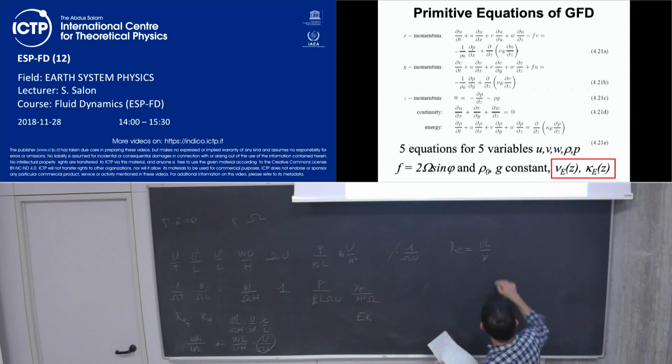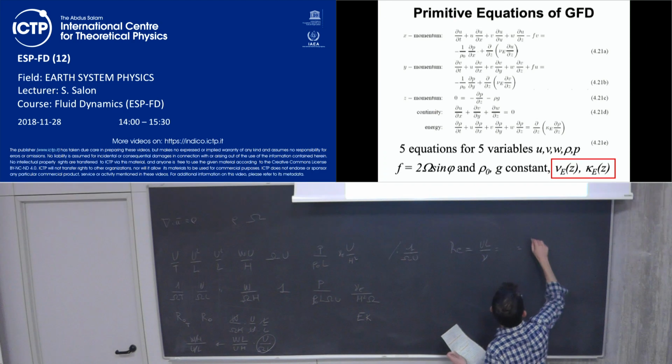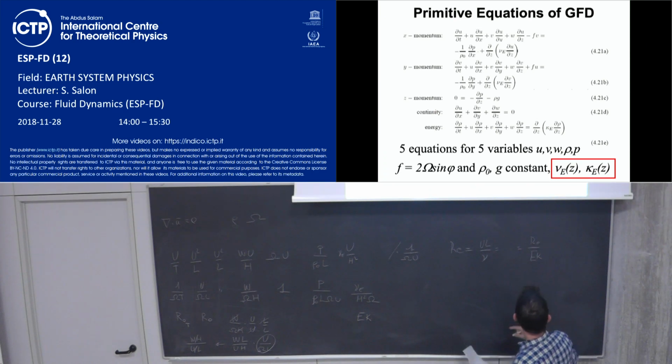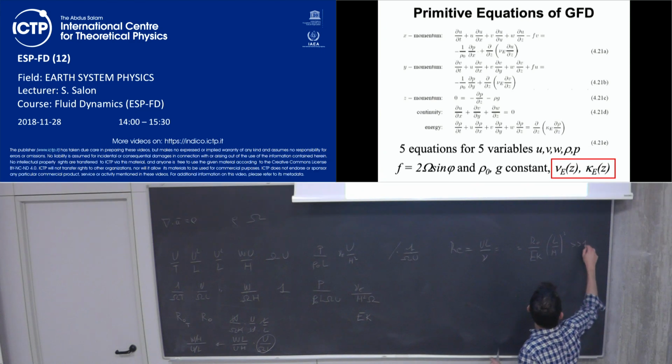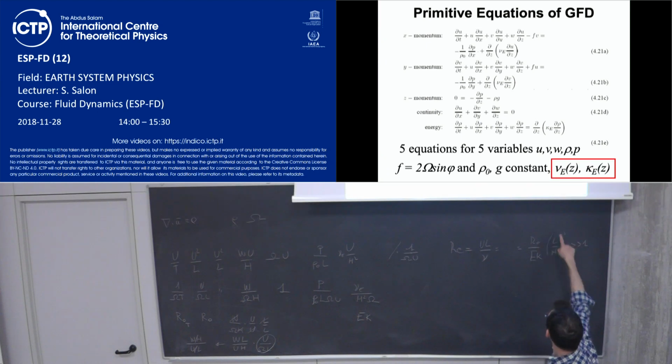So if we play a little bit with this one, we will find that this can be written also as the ratio between Rossby and Ekman multiplied by L over H squared. You can do this as an exercise. Since L is much larger than H, this term here, of course, is much larger than 1.